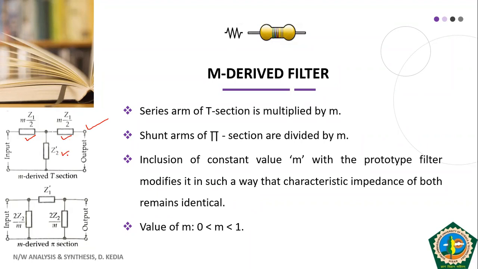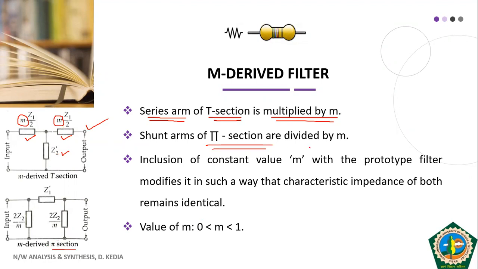Now in M derived, in case of T section, your series arm impedance will be multiplied by M. See, it was Z1 by 2, we have multiplied by M. This is also multiplied by M. M is a constant value, and that's why we call it M derived filter. Whereas the shunt arm in case of T section will not be multiplied, it will be derived, I'll tell you.